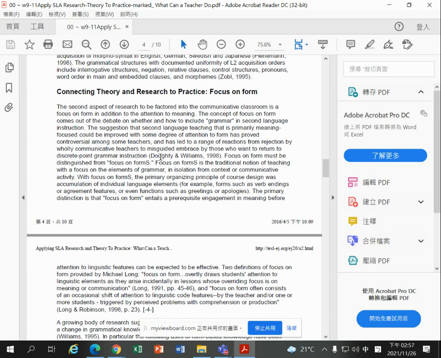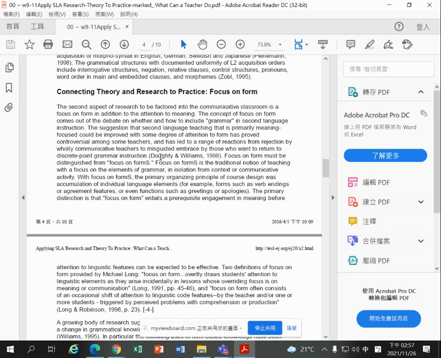Meaning focus means, well, I don't care whether it's accurate or not, but you can get your meaning across. And your audience, your interlocutor, do you still remember this term? Interlocutor. If your interlocutor knows what you are talking about, fine. Okay, then you have achieved your goal. So they have different objectives. Focusing on form or focusing on meaning, or maybe in the middle, both.